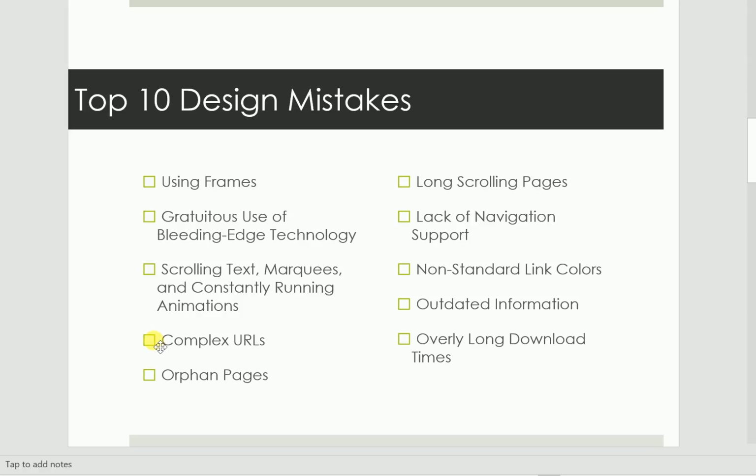Complex URLs. Wow, this is something that I am quite familiar with. Even though machine level addressing like the URL should never have been exposed in the user interface, it's there. So users sometimes need to type in a URL. In order to minimize the risk of typos, websites should try to use short names for their websites and their web pages and avoid using special characters.